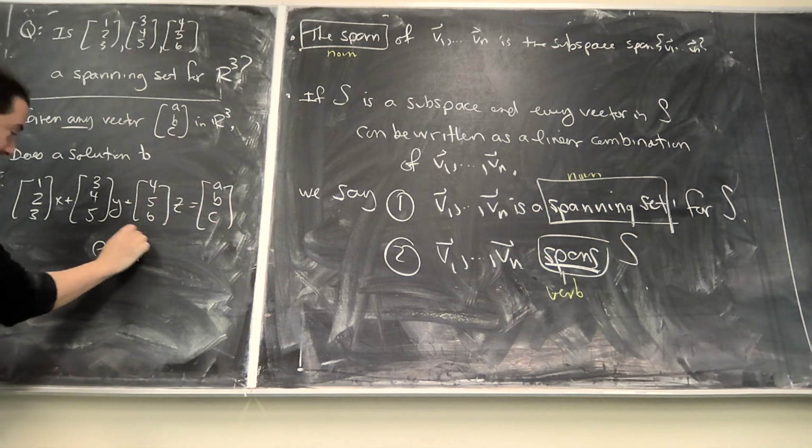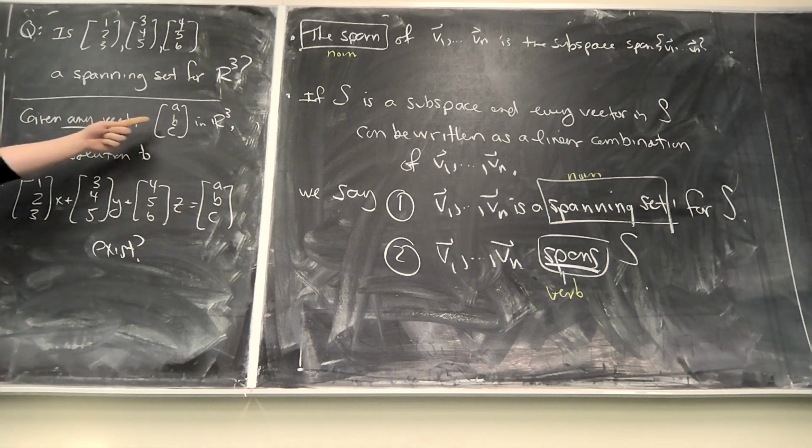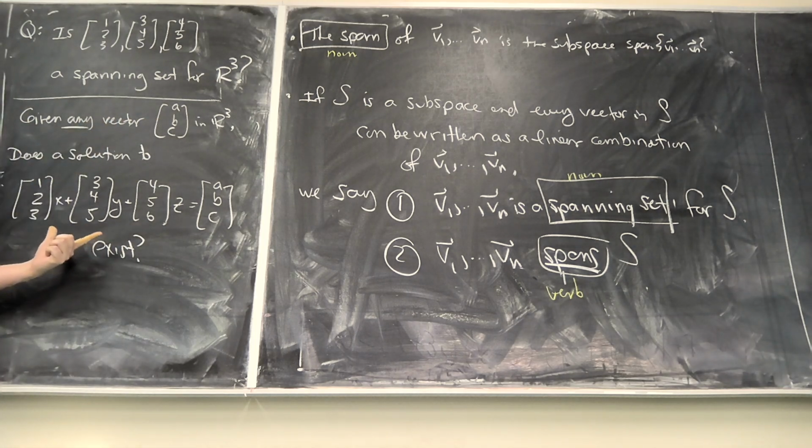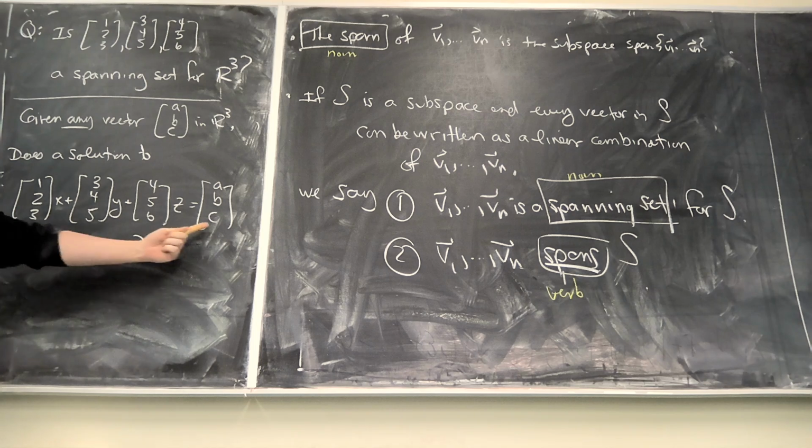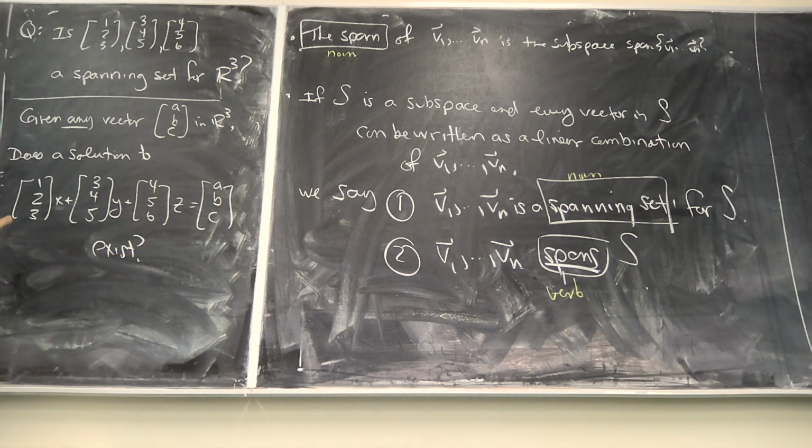Are we guaranteed that no matter what vector I choose here, I can solve this problem? Because if I can, it means any arbitrary vector I write down can be written as a combination of these three. And if I can't, it means you can't.